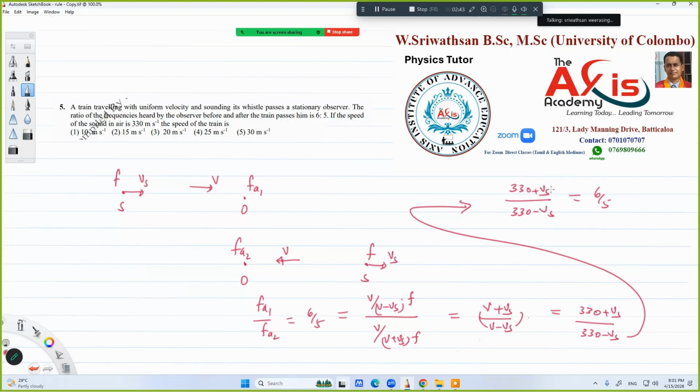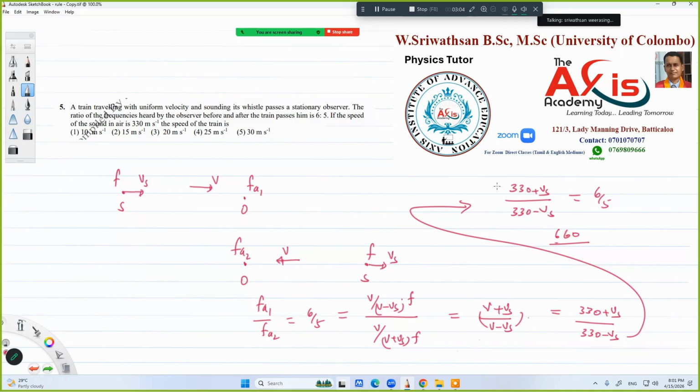This is the numerator part and the denominator part. If you add the numerator with the denominator, you get 660.